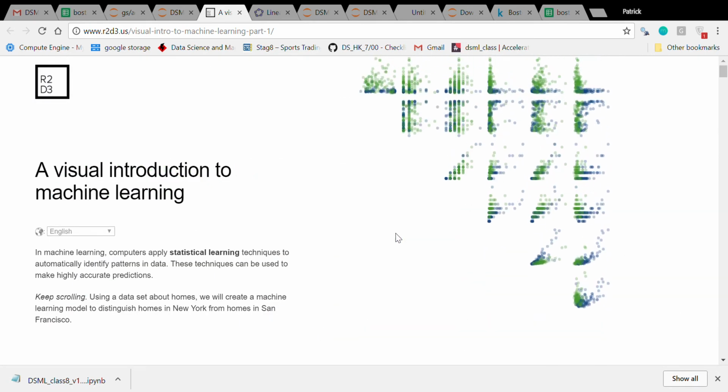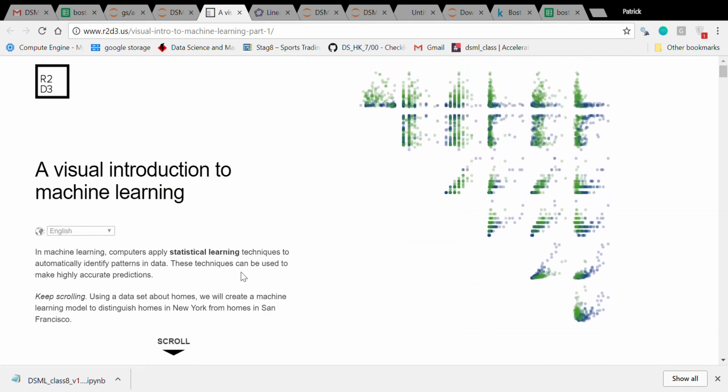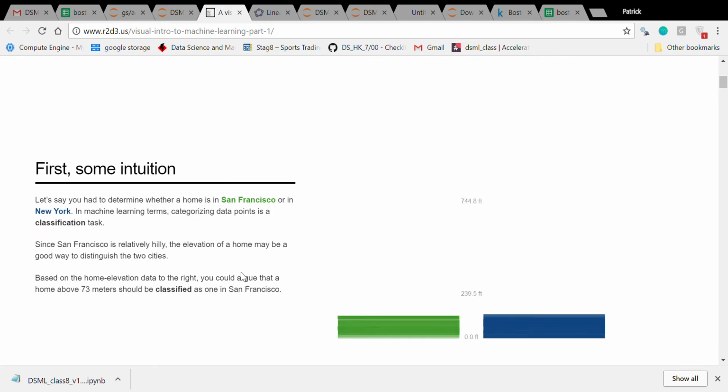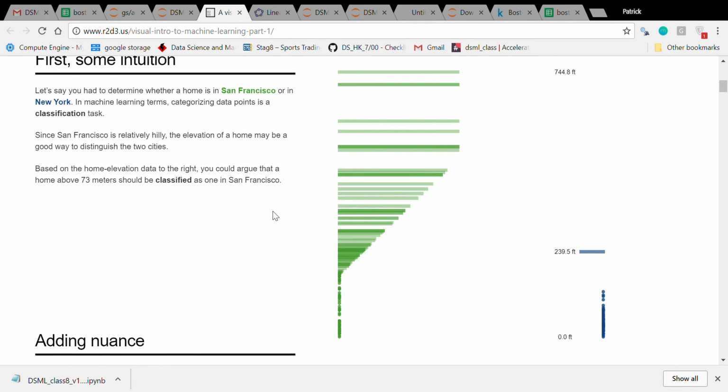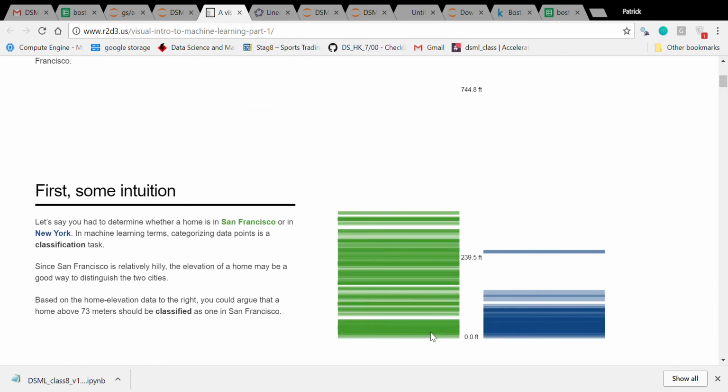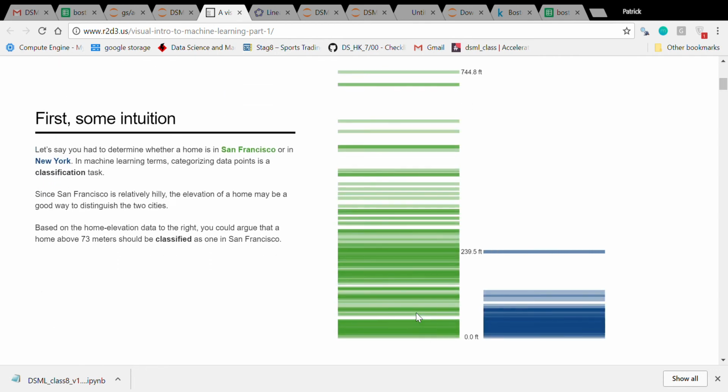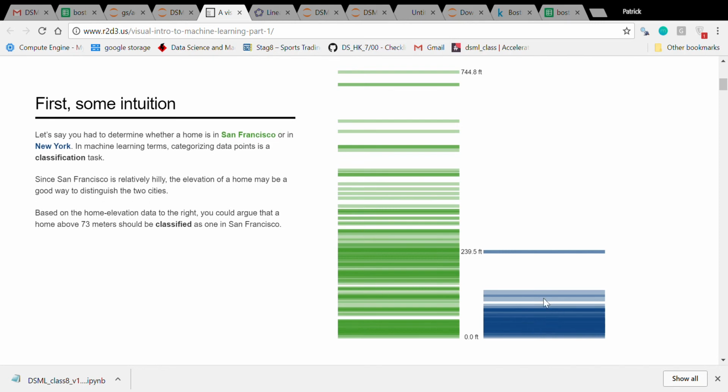If you read it, this is again the house price in San Francisco, and this is the distribution of how the house prices are distributed in New York and San Francisco. Sorry, green is New York, and this is San Francisco.